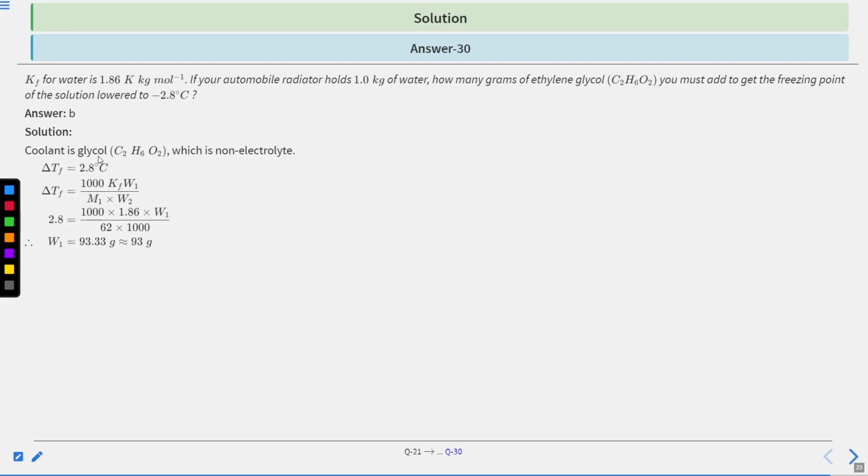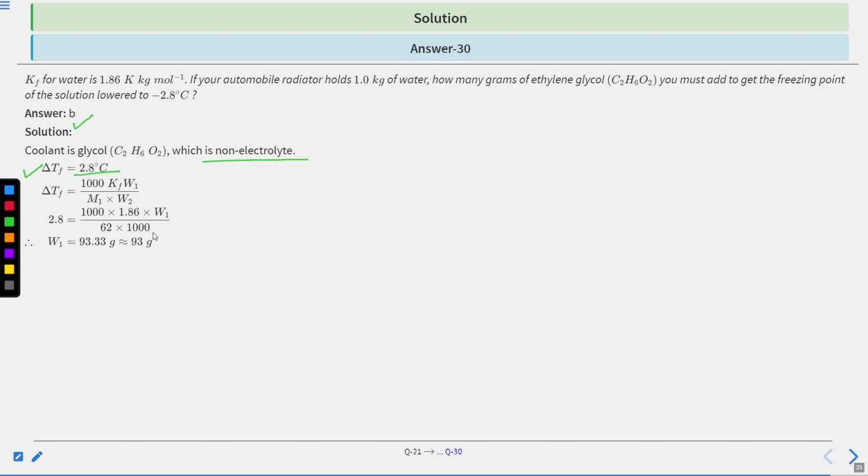Okay, so the correct answer is option B. The coolant is given as glycol, C2H6O2, which is a non-electrolyte. So delta Tf is given as 2.8 degrees Celsius, which we want. And we know that delta Tf is equal to 1000 multiplied by Kf into molality. So molality is W1 upon M1 into W2. And for W2, we have to divide by 1000, so we take it in the multiplication.